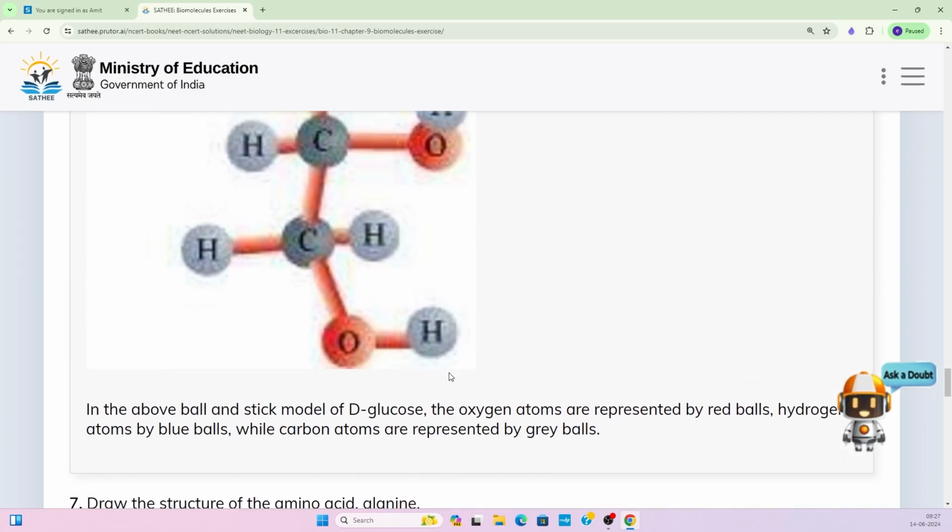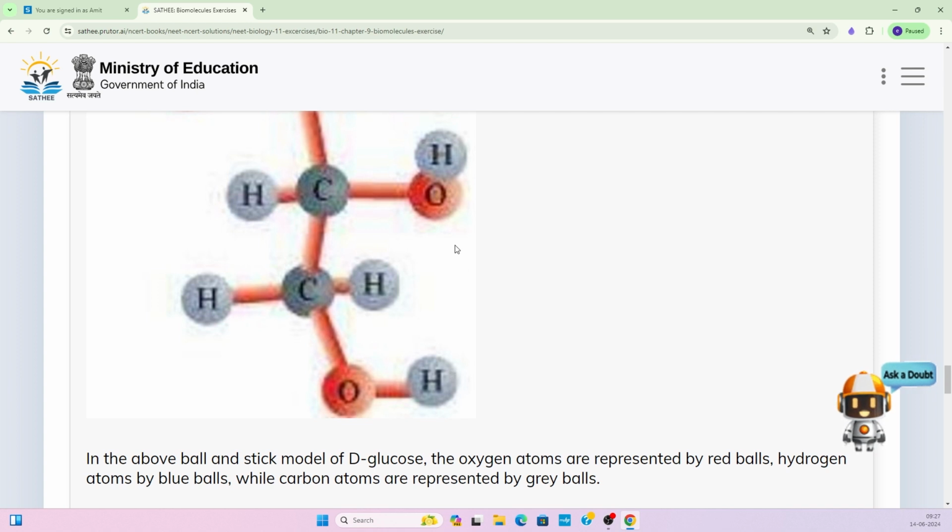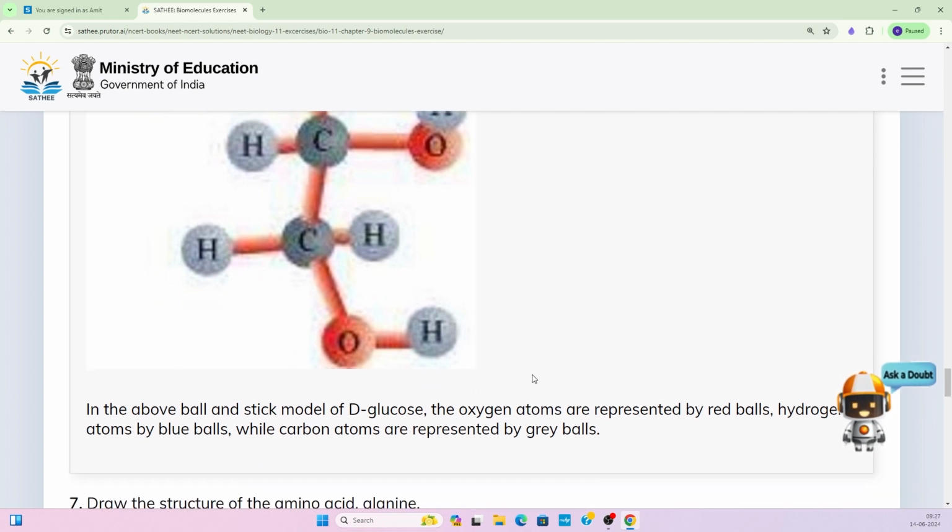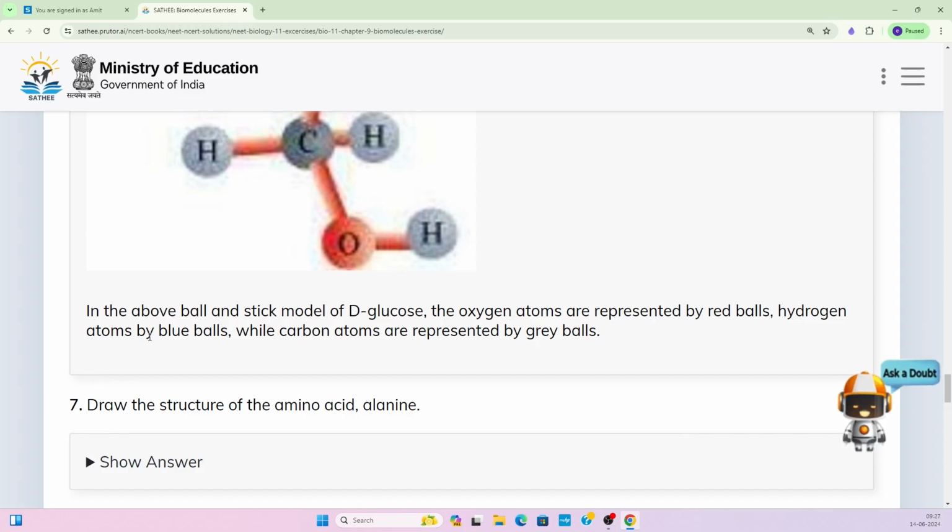In the figure you can see wherever there is an oxygen, it is represented as a red ball, and hydrogen atoms by blue balls, whereas the carbon atoms are represented by gray balls. By the different colors, you can easily visualize the atoms by their color only, and the size of the ball also varies, representing the size of the atom.